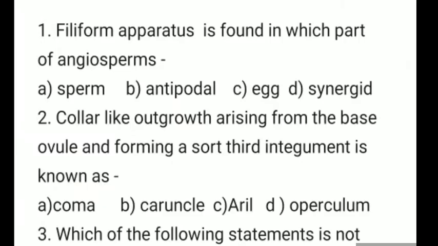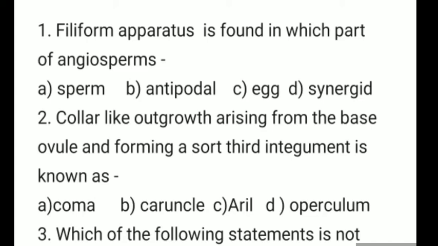Next, question number 2. Collar-like outgrowth arising from the base of the ovule and forming a sort of third integument is known as caruncle, aril, and operculum.